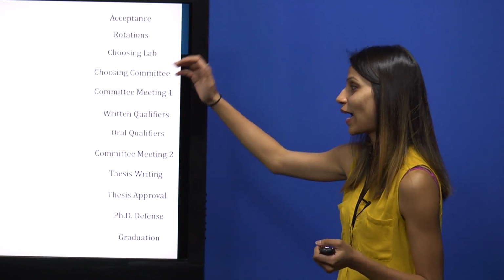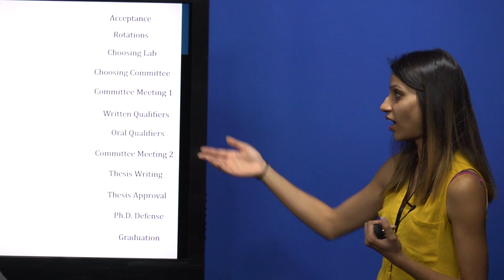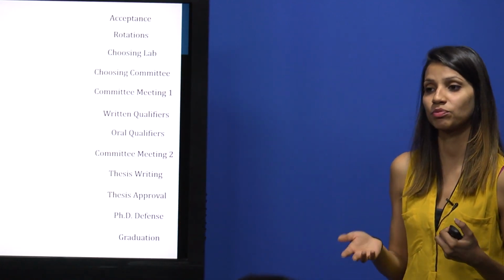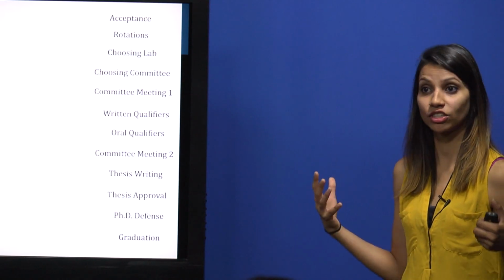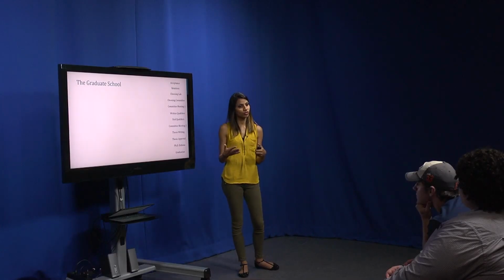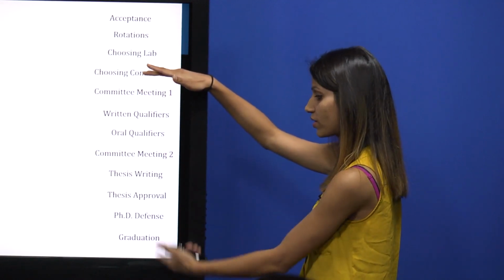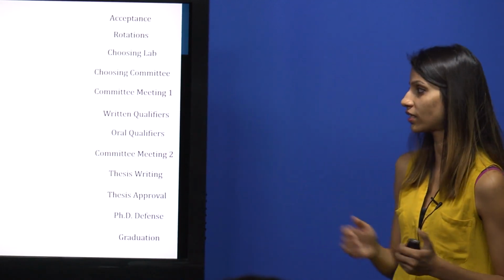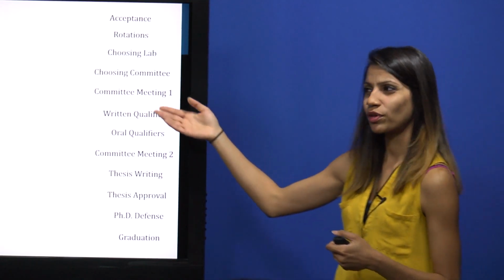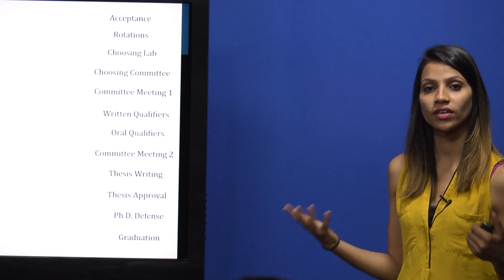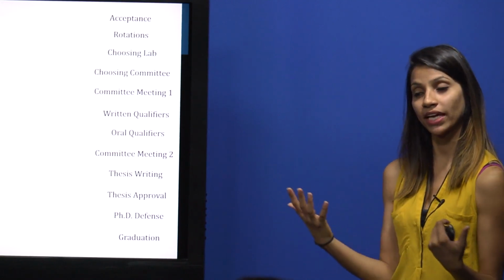So you choose a lab, then you choose a committee. A PhD committee consists of 4 or 5, sometimes 6 professors, which are basically your PhD committee. What they do is guide you throughout your course. So when you're probably at the end of your first year or the beginning of your second year, you do your first committee meeting where you explain what your project is.